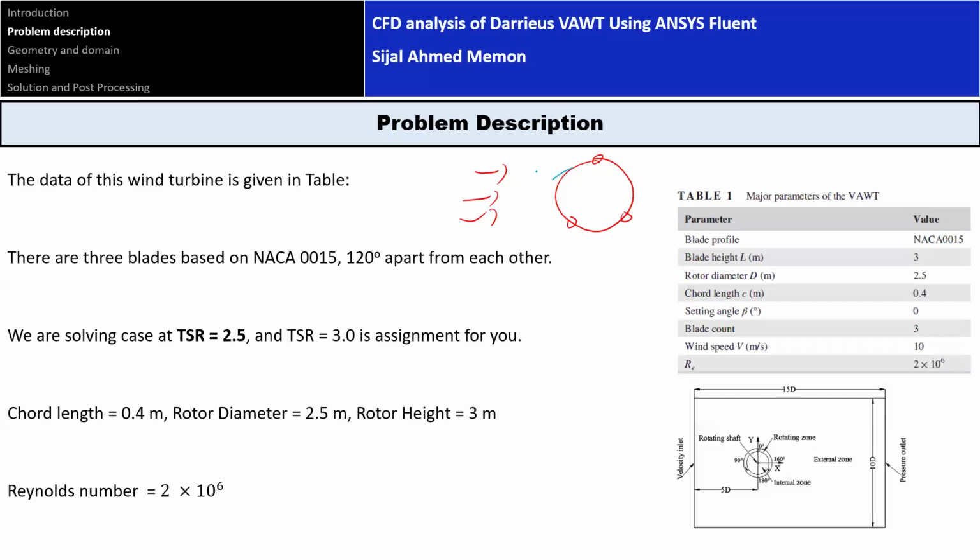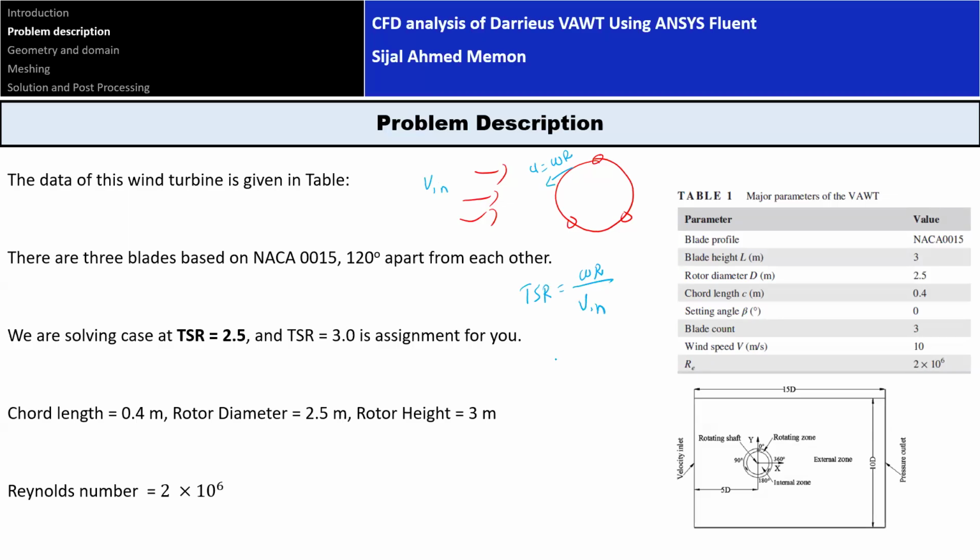So at every point there is a tangential velocity u, which is equal to omega times r. And the wind velocity is V wind, or V air, whatever name you put here. So the TSR is omega r divided by the wind speed.